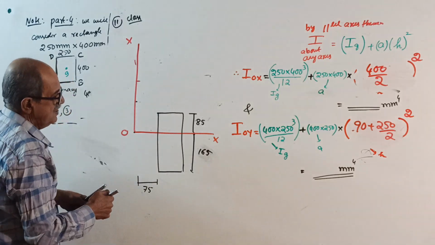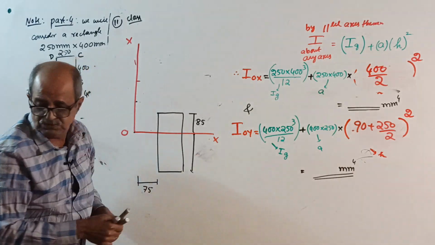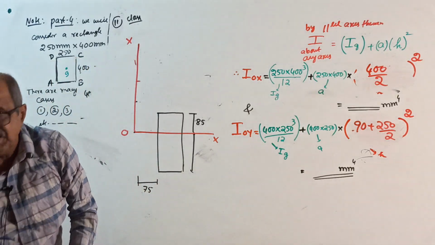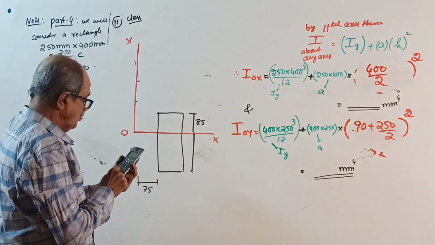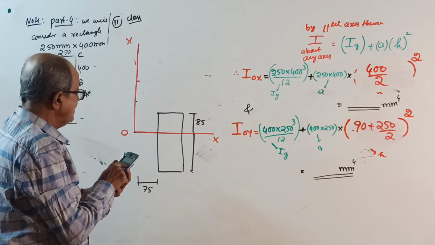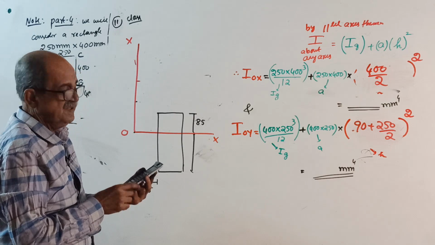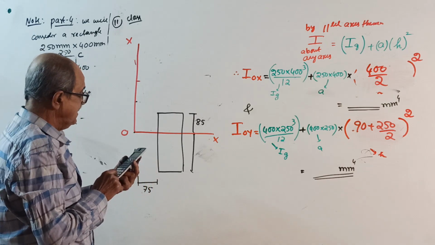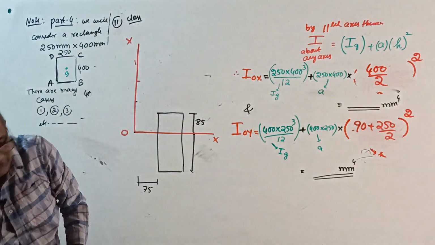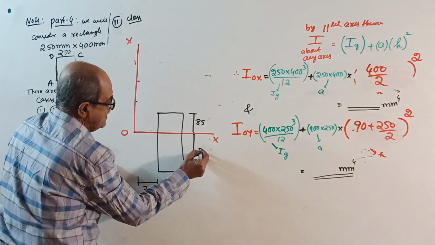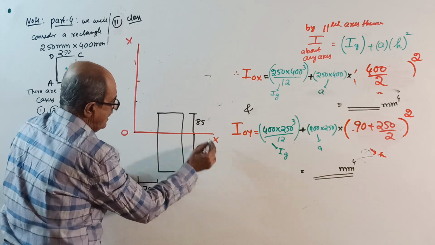Not 165, sorry, it is not 165. Too much depending on the calculator. I don't know why people are spoiled by this calculator. 400 minus 85 is 315. Okay, 315.